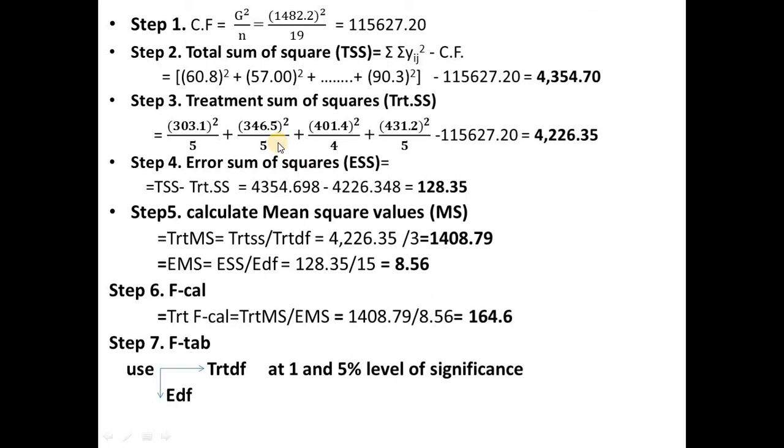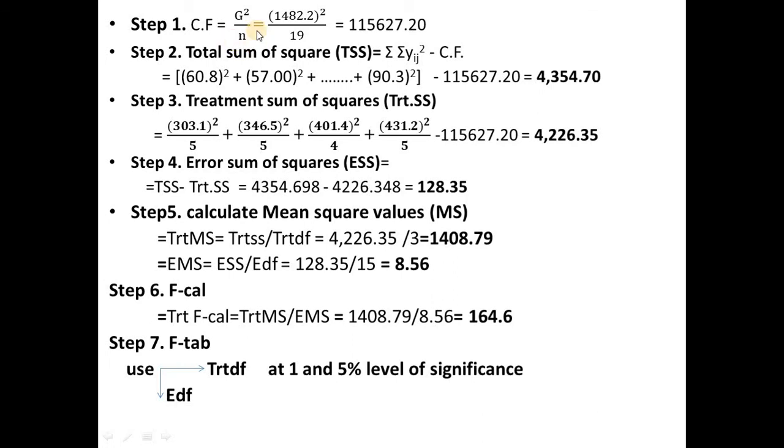So the values were obtained. The first step is calculating the correction factor, as we have seen in the previous slides. The correction factor is calculated by squaring the grand total and dividing it by the number of observations.